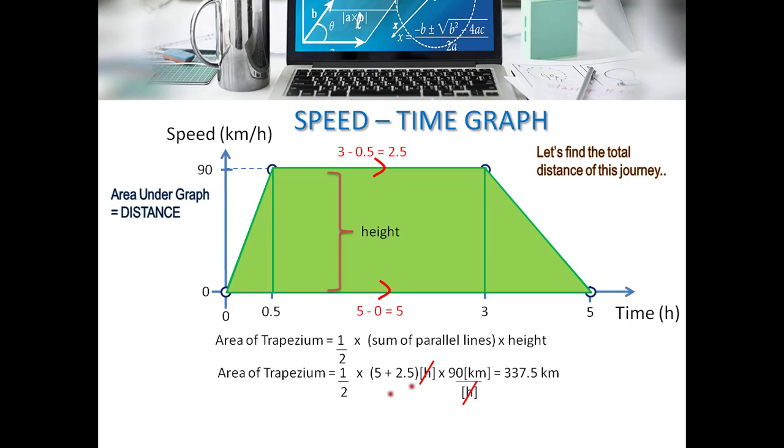Alright, so you can have 3 minus 0.5, and then we cancel the H, H divided by H equals 1. So you will have 337.5 kilometers only, because this is the total distance this car travels.